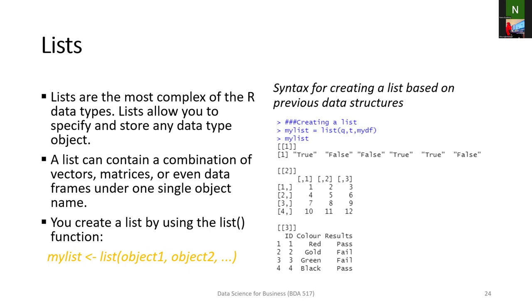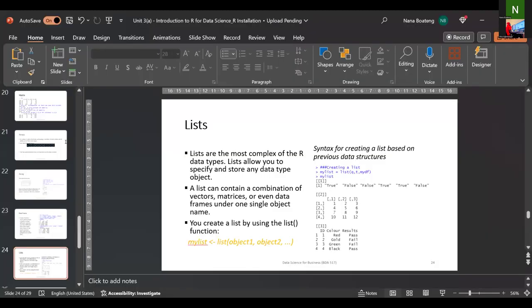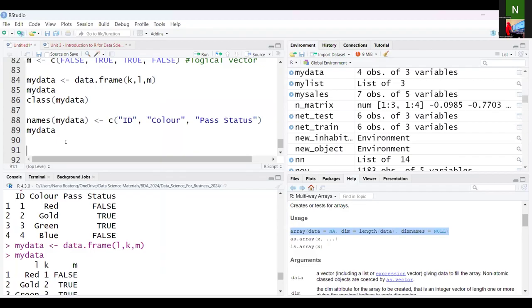So for instance, let's go to R. Let's see all the things we've done. And then you can retrieve something from the list accordingly.